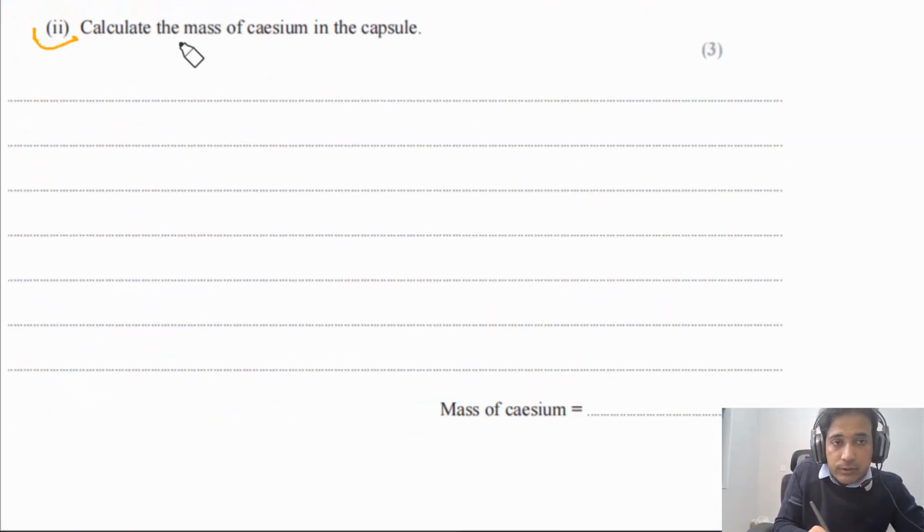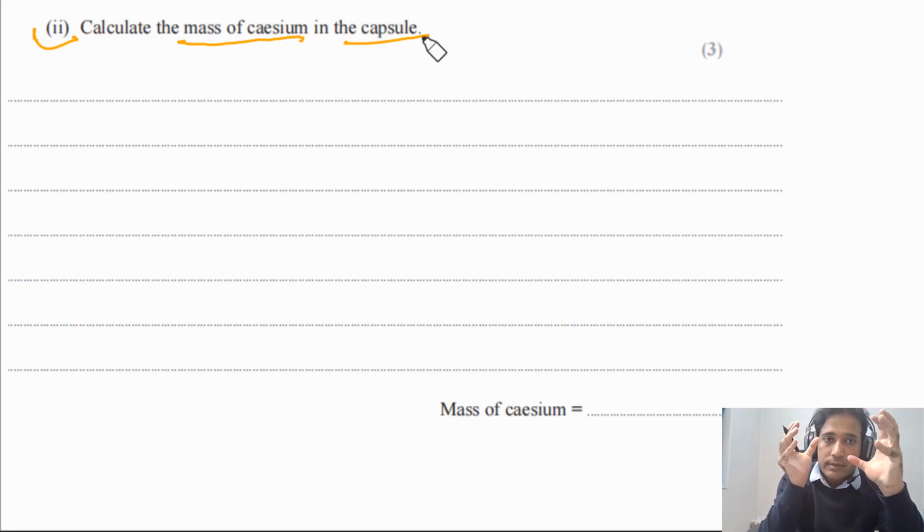For the second part, we need to calculate the mass of cesium in the capsule. So how can we calculate the mass of the cesium? Density and volume are not given to us, so you have to think a little bit about how you can calculate mass.